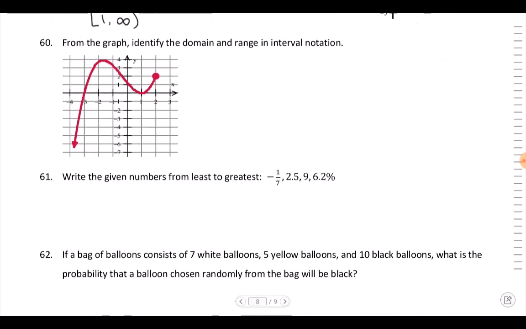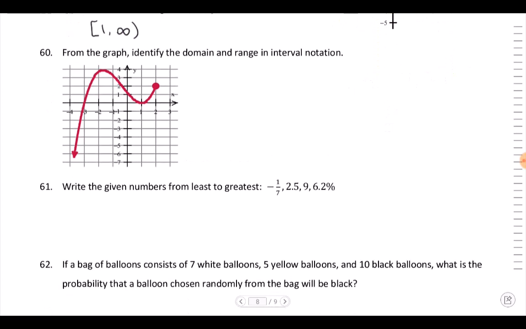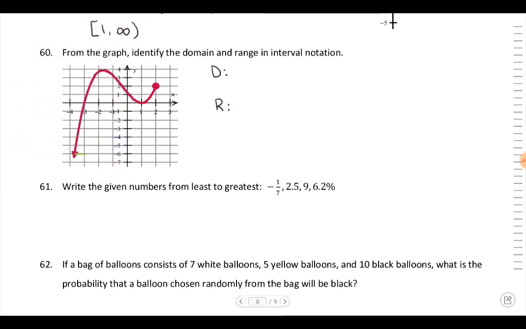Number 60, from the graph, identify the domain and range in interval notation. Not sure why we're doing it twice, but that's fine. All right, so we're doing the domain and range in interval notation here. So your domain, again, is those x values. So if you notice the arrow going to the left, that means forever this way. And then if I follow my graph over until I get to where it finally stops, which is here at +2.